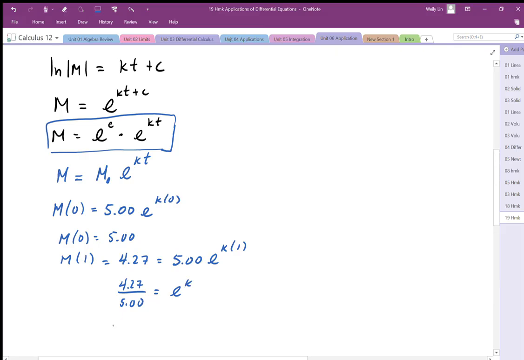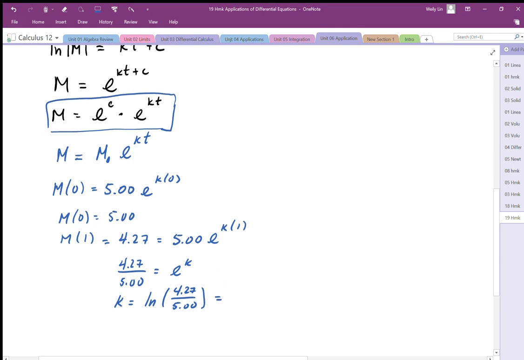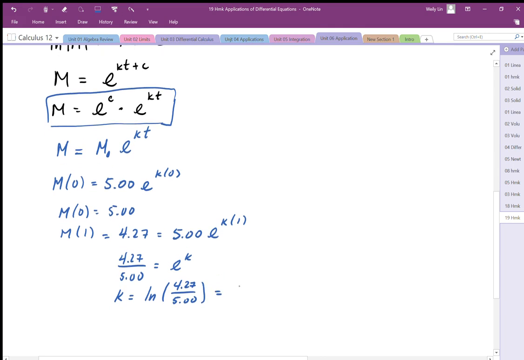So k is equal to the log of 4.27 over 5.00. And that k value, when we solve that, works out to be negative 0.1578. So I'm just going to round that to negative 0.158. So that represents our k value.